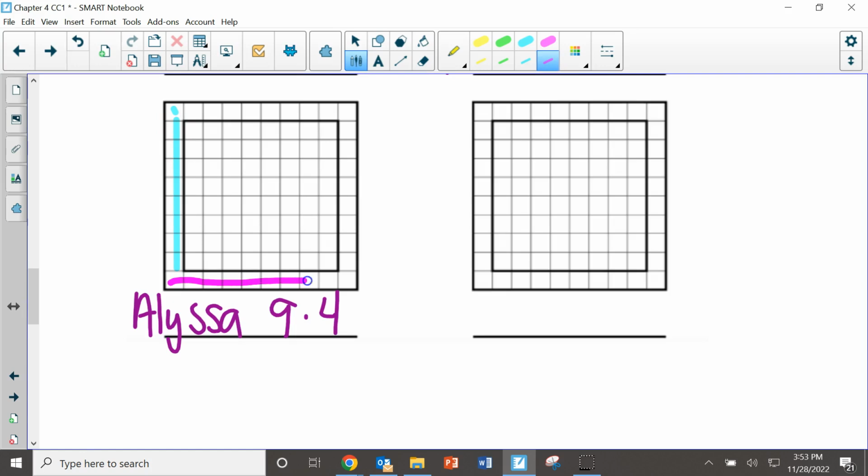Here's 9. Oh, I went 1 too far. Here's 9. And here's 9. So she noticed there were 4 sets of 9. Again, don't have to worry about that overlapping.